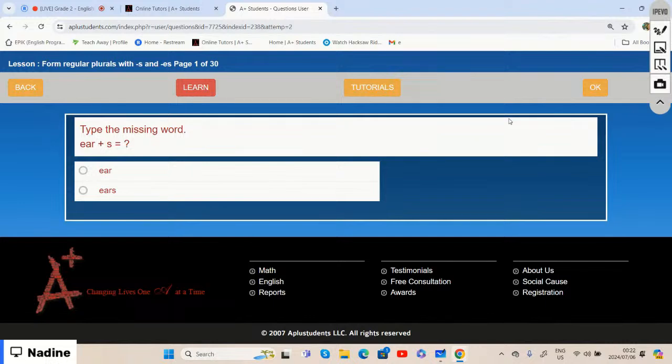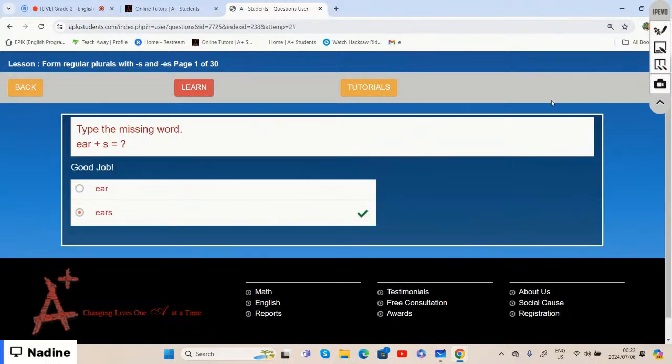So if we want to make mention of more than one ear, then we would say ears, because the plural form is ears. All right, so ears, it is correct.